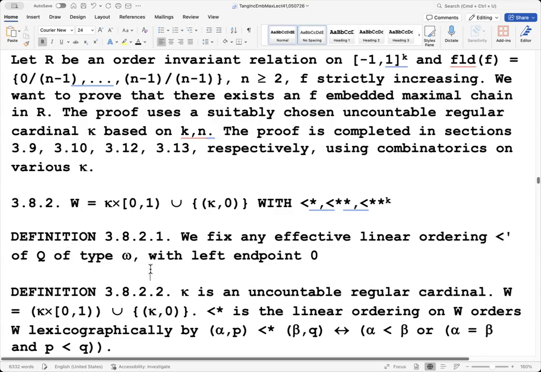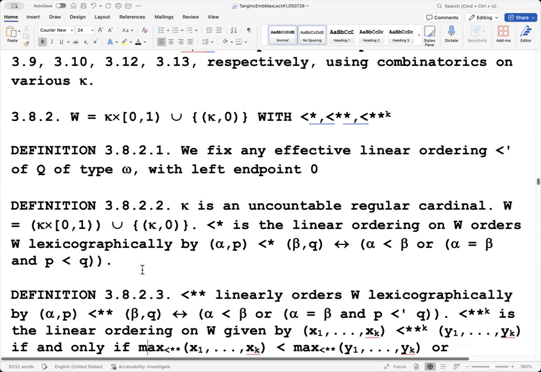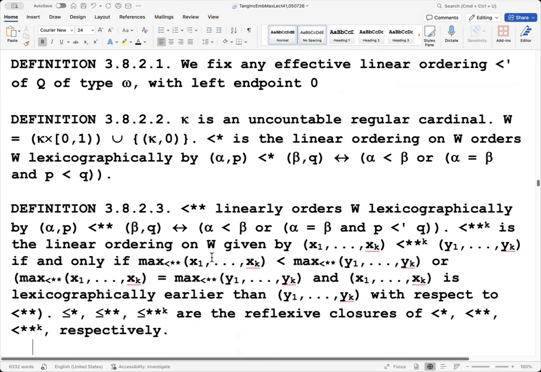So we've done this a lot, and we pick an uncountable regular cardinal, not specified. How strong the cardinal is tells us how strong our result is going to be because of what kind of combinatorics we can get out of it. In the weakest case, kappa is omega 1. And then we put the obvious ordering on it, and then we put the well ordering on this.